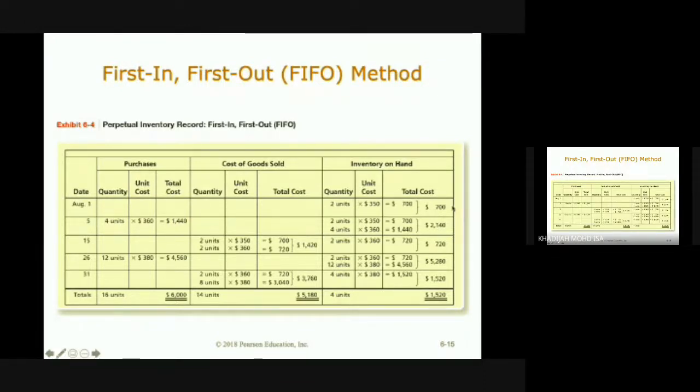So the total cost of your goods available for sale will be your opening balance 700 plus your purchases during the period, which is 6,000. So 6,000 plus 700 will be $6,700. That will be your goods available for sale. This is the cost of goods sold, and this one is your closing or ending inventory.